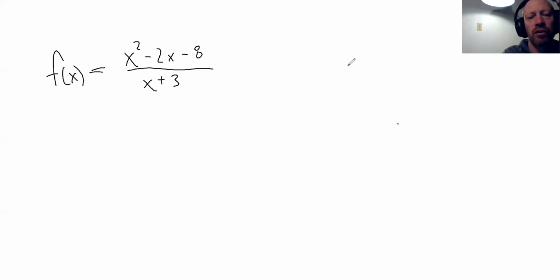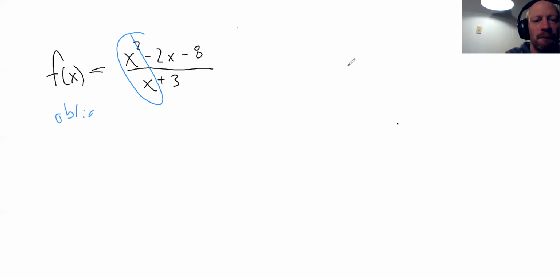So you may want to notice right here in the beginning that by comparing the degrees, since the degree on the top is 1 larger than the degree on the bottom, that's going to give us an oblique asymptote. We find oblique asymptotes by doing division. We could do long division, or in this case, we could do synthetic division.